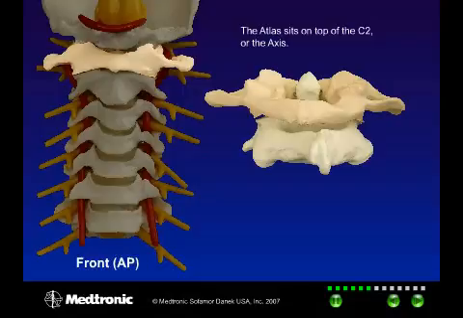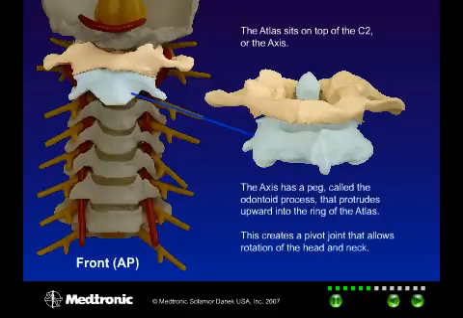The atlas sits on top of the C2, or the axis. The axis has a peg, called the odontoid process, that protrudes upward into the ring of the atlas. This creates a pivot joint that allows rotation of the head and neck.